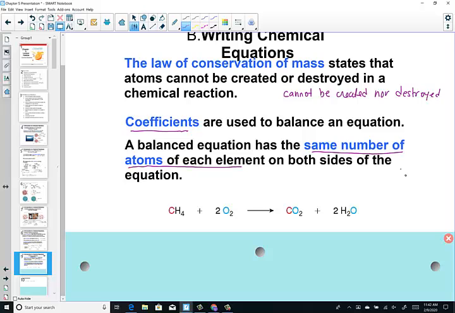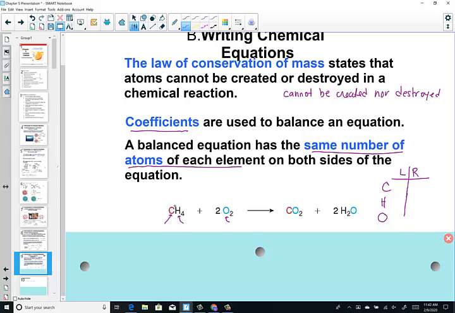And this is why I encourage you just to think about a left-right chart, a T-chart I call it. Notice we have 3 different elements we're counting. We have a carbon, we have a hydrogen, and we have an oxygen. C's, H's, and O's.